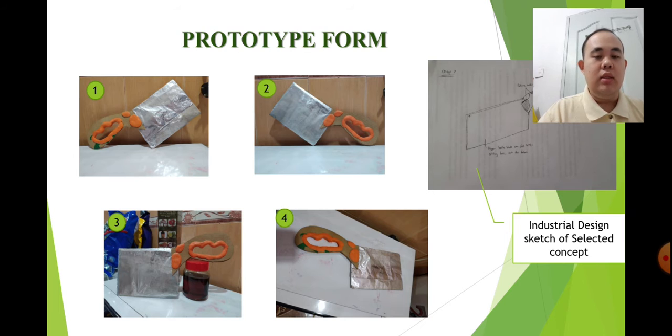The card boxes are used to do the shape forming of our knife, and the clay will be representing the silicone material pad on our handle and also the pinch point, as you can see in 1, 2, 3, and 4. And the aluminum foil, we use it to paste on the surface of the knife blade to let it look more similar to a knife.